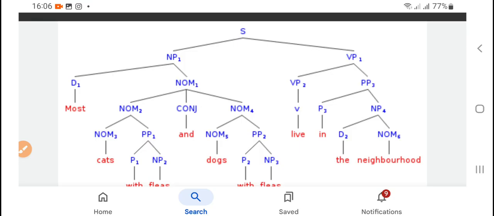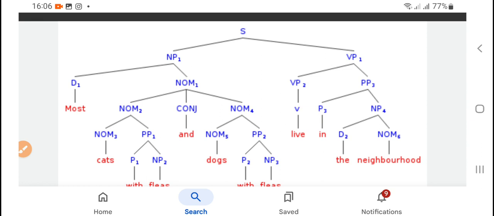The verb phrase is verb phrase 1, that is, the verb phrase "live". With this verb phrase, what is attached? A prepositional phrase. There are a number of prepositions, that's why they have given numbers. The prepositional phrase is "in", right? And then with this prepositional phrase, what is attached?